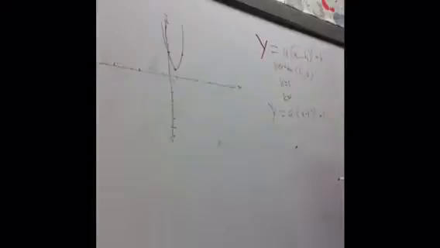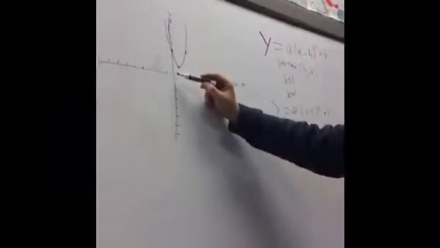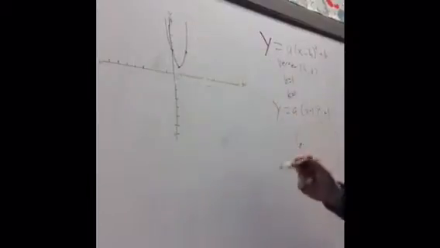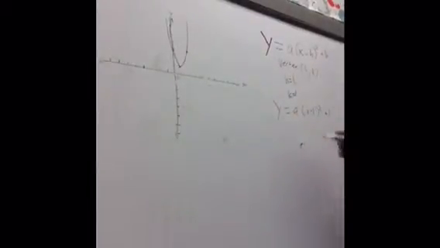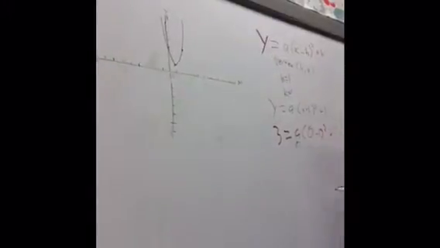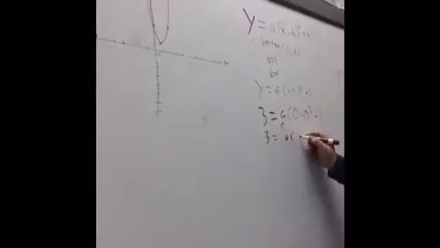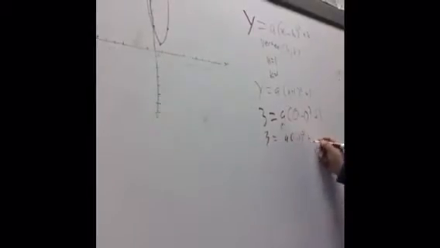And then from there you go back to your graph and you look for another point in the graph. For example, 0, 3, which is the y-intercept. You plug those values in for the x and the y. So the y would be 3 equals a times 0 minus 1 squared plus 1. So you solve this out, so 3 equals a times -1 squared plus 1.